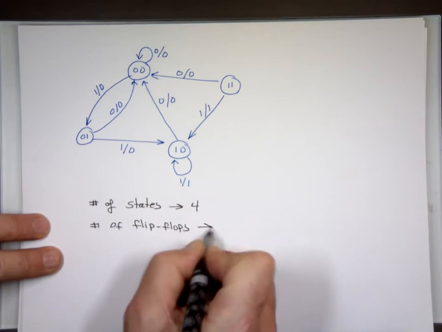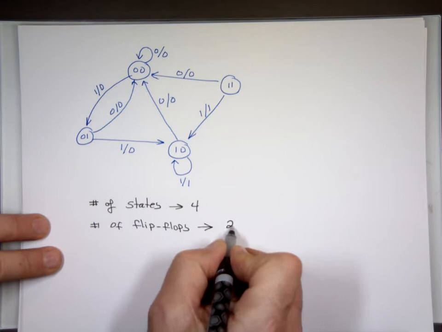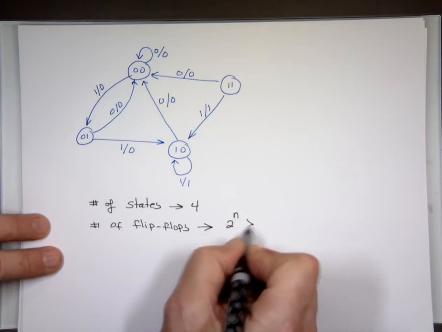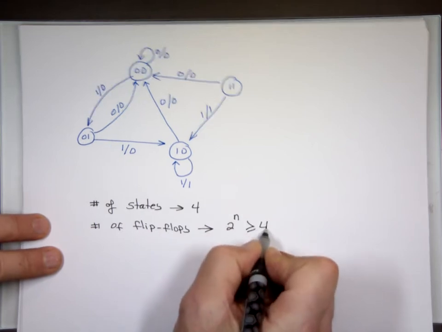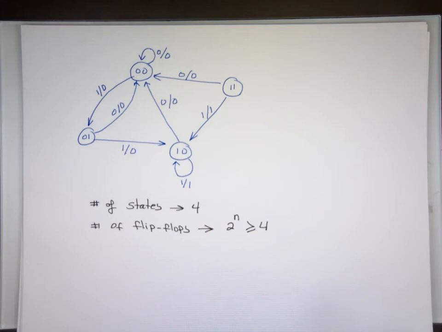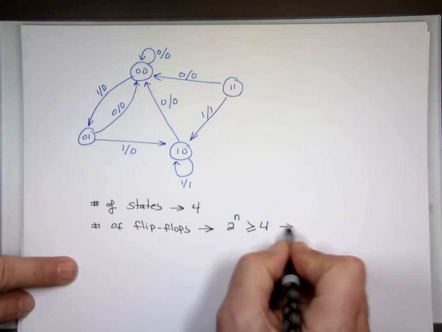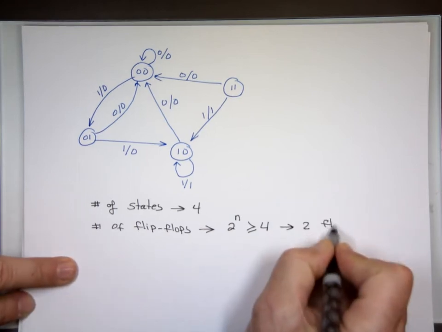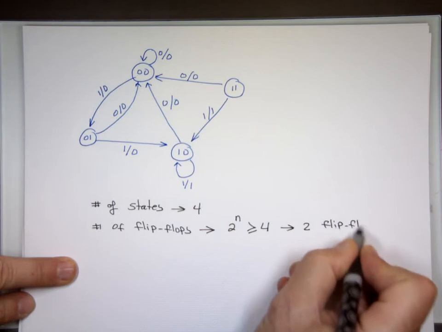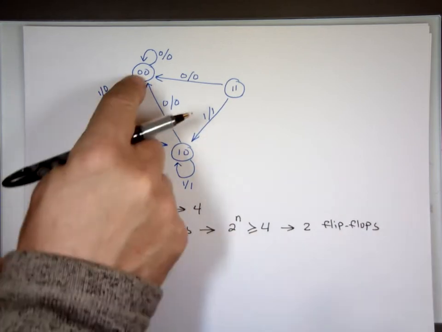Can't be 1. Remember, 2 to the power of n has to be greater than or equal to the number of states. N is the number of flip-flops. So we need a minimum of 2 flip-flops. That's why we're using 2 digits.